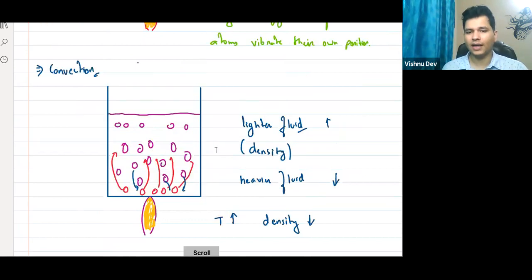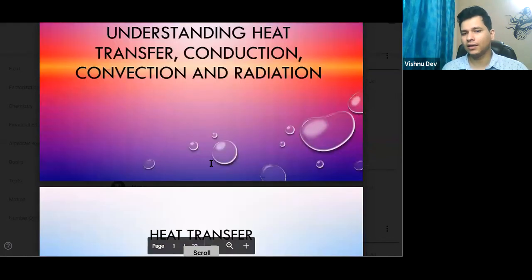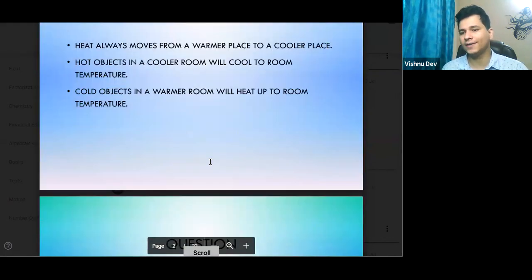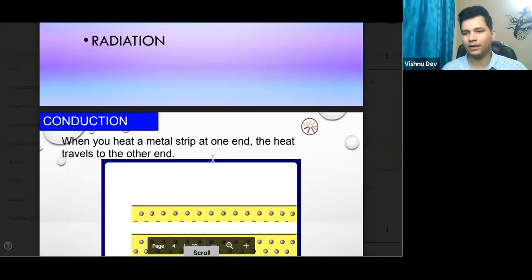And this is the reason for sea breeze and land breeze. We discussed sea breeze and land breeze too. Then there's a third type of heat transfer, which is called radiation, correct?